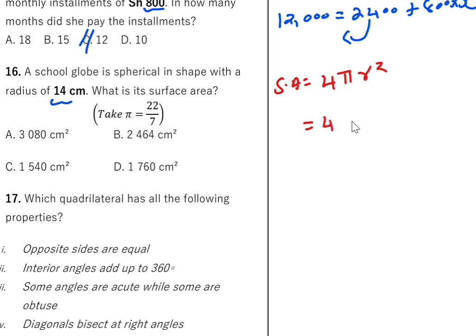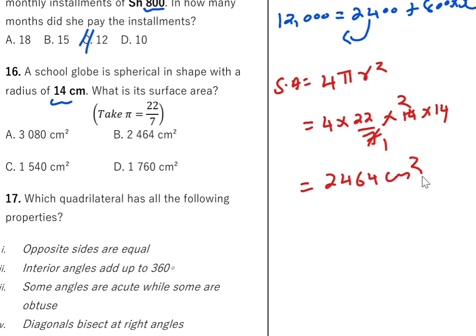So this will be 4 times pi, pi is 22 over 7, multiplied by the radius 14, again times 14. So you can see this is by 7 1, by 7 2. So 4 times 22 is 88, times 2 times 14. You can see the surface area is 2464 centimeters squared. Therefore, the answer is B.